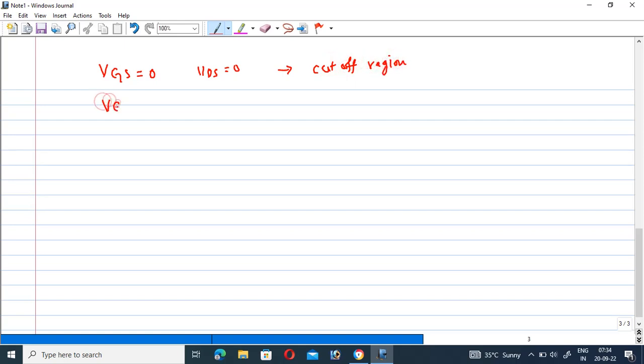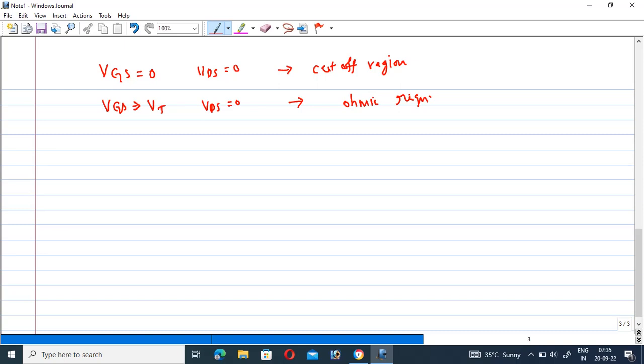When the VGS voltage is increased to some positive voltage, VGS greater than VT, and VDS is equal to 0, it acts as an ohmic region. At that time the drain voltage is 0, but based on the increase in gate to source voltage, the drain current also increases.